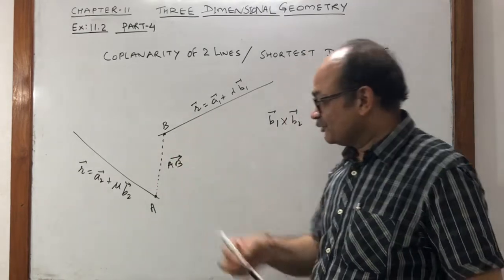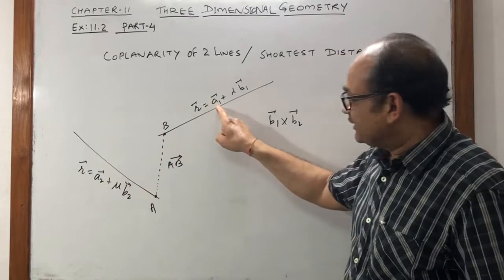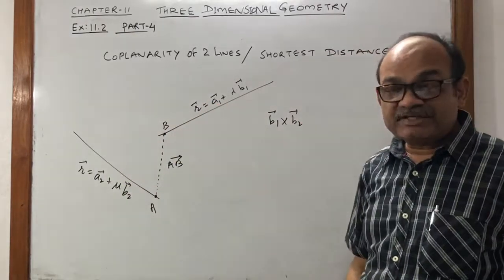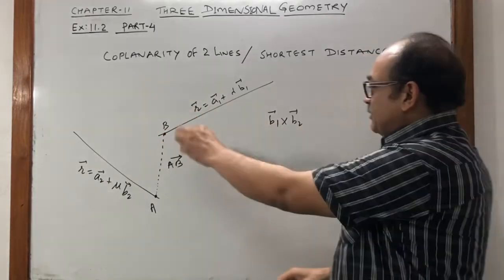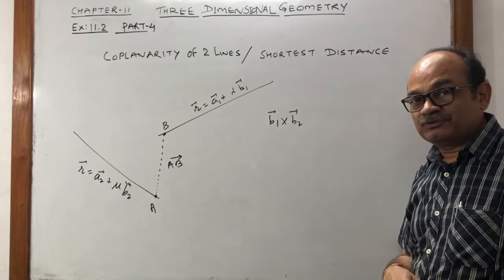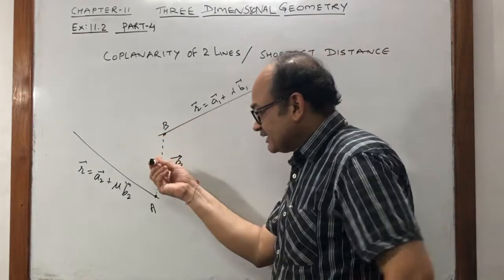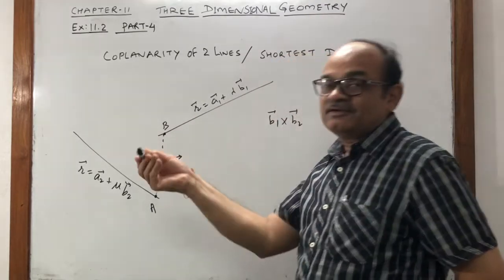Clear? Now, if A and B are the points with position vectors a2 and a1, it means the vector AB lying on this whiteboard is perpendicular to b1 cross b2. Why? AB is lying on this plane and the resultant of b1 cross b2 is this pen, and these two vectors are perpendicular.